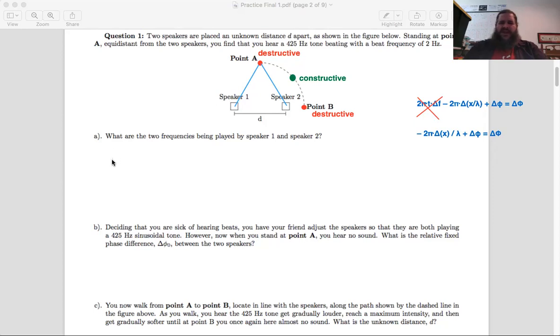So at location A, delta x is 0. Which means this entire first term is gone, because negative 2 pi times 0 over any wavelength is 0. So all that's left is the phase difference, if there is any. But also, we know point A is destructive. So what does that tell us about delta little phi?